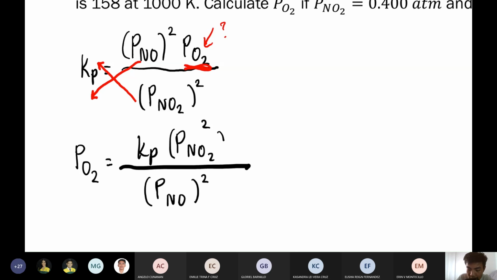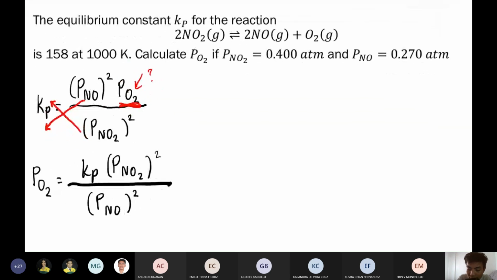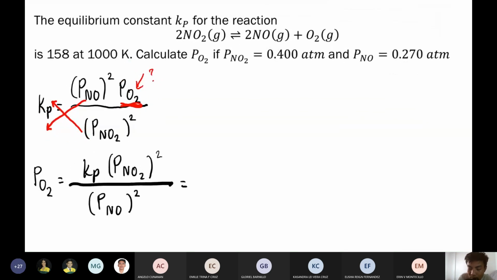Lagyan ko lang ng parenthesis para malinis tignan. Okay. So since we have the expression in solving for PO2, what's left for us is to plug in all the numbers. Plug in muna lahat ng numbers.